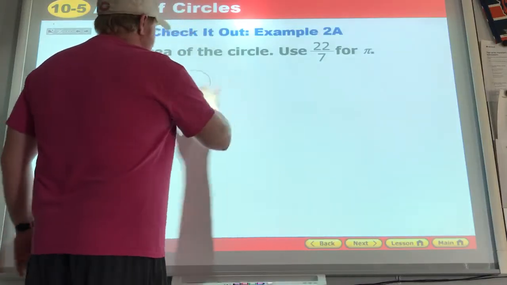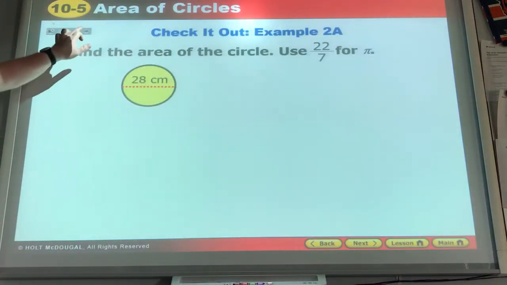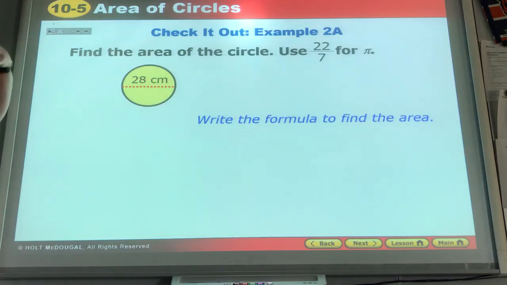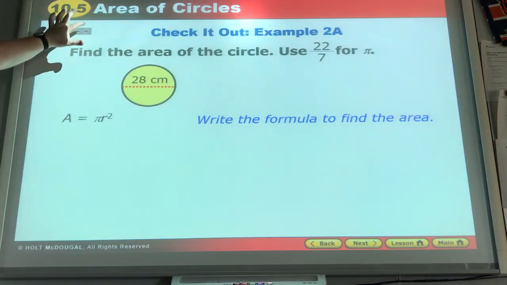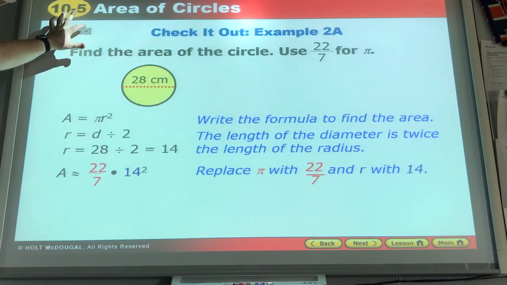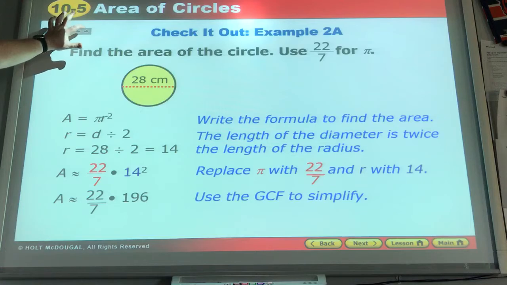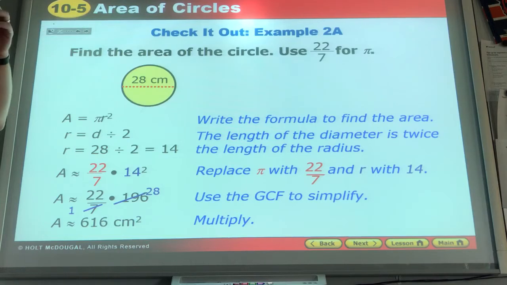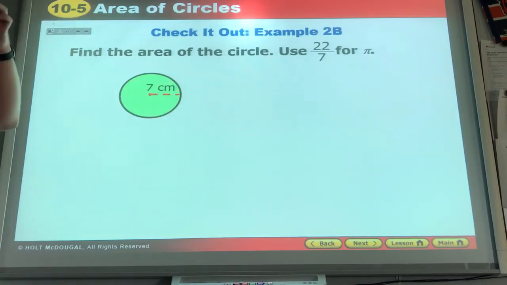And the reason I knew that would work, 7 goes into 14, so 14 times 14, 7 will go into whatever that answer was. All right. We got there. Must do the order of operations. All right. They reduced. And then we multiply. 616. All right.